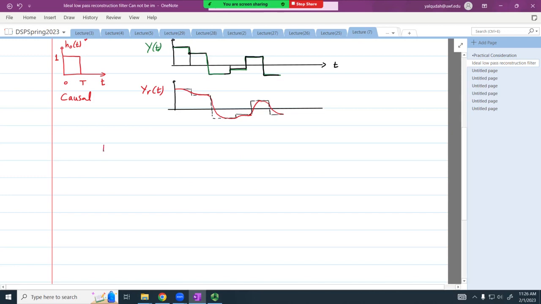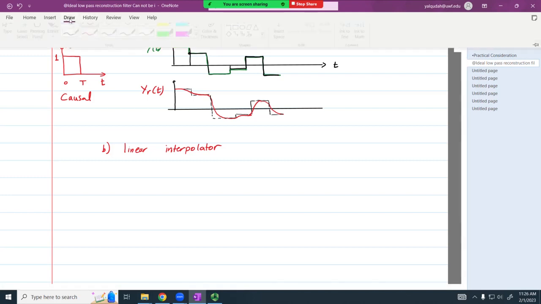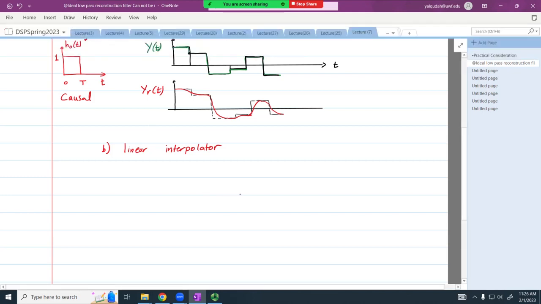Another way is to use a linear interpolator. With the linear interpolator, if you give me y of n, the linear interpolator is going to try to connect these values together.